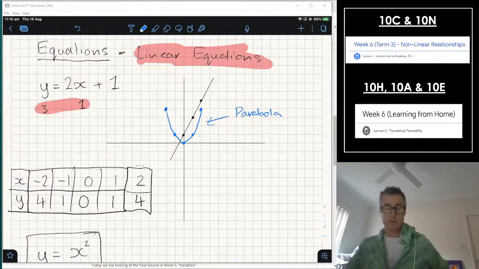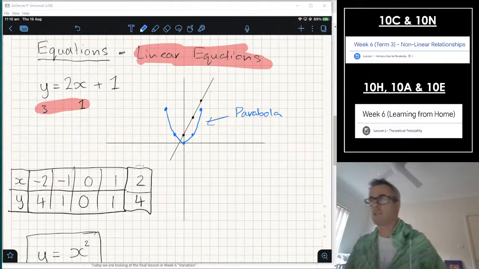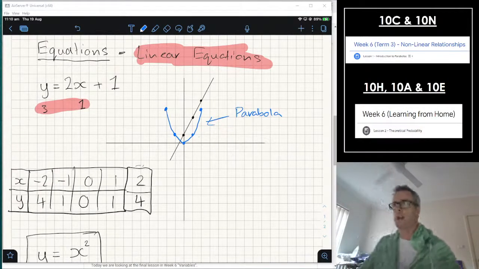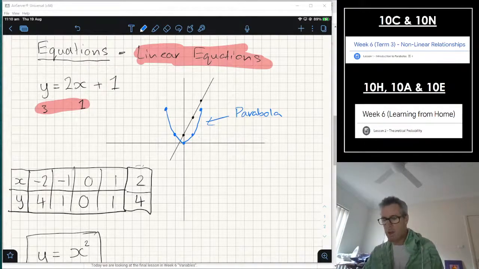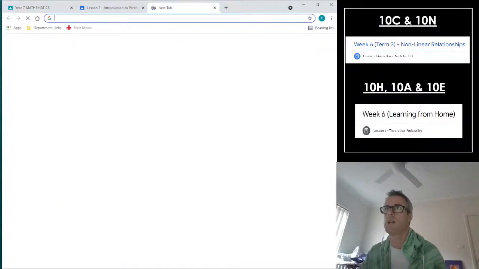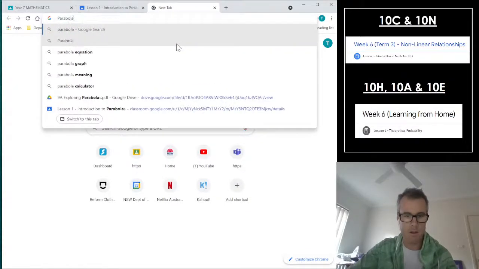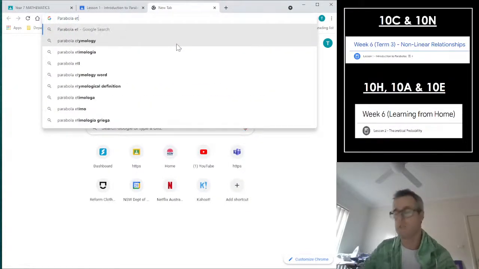The thing is, a lot of these things in maths are given actual names. And if you go into Google and type in parabola etymology, see that?